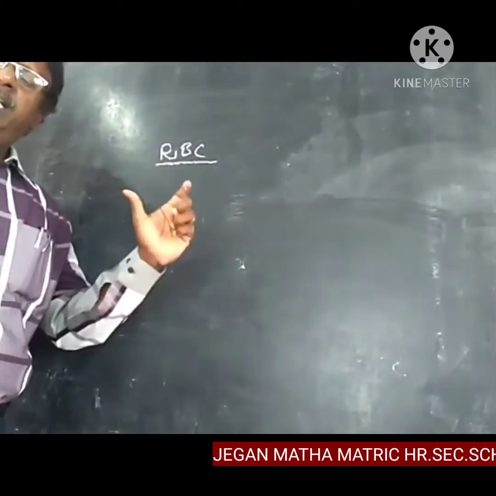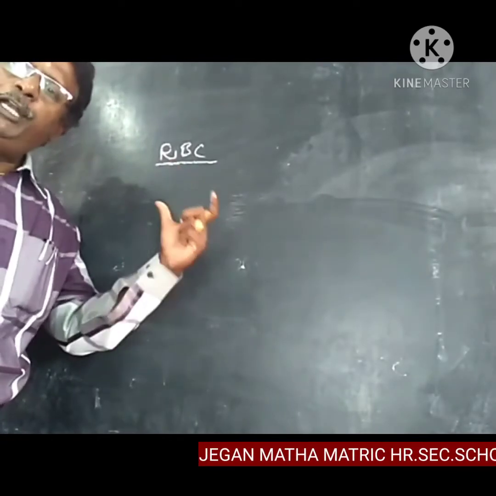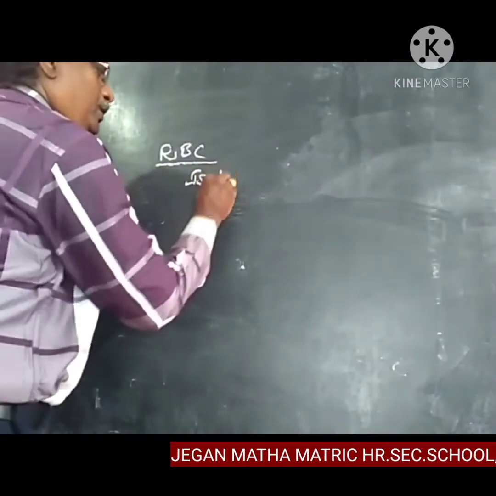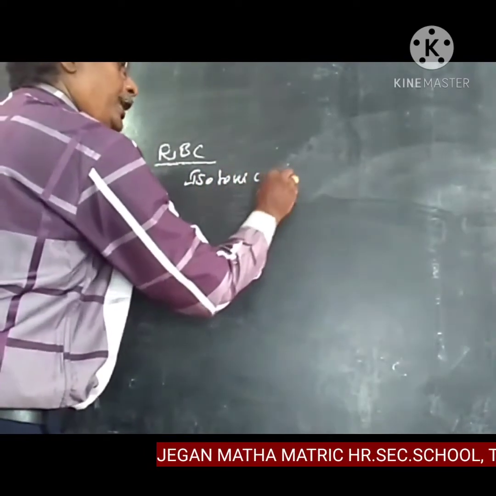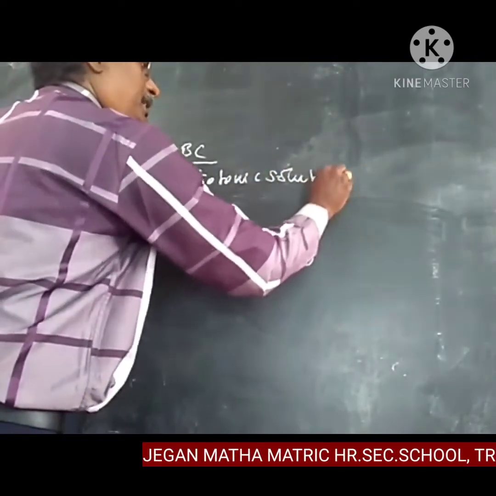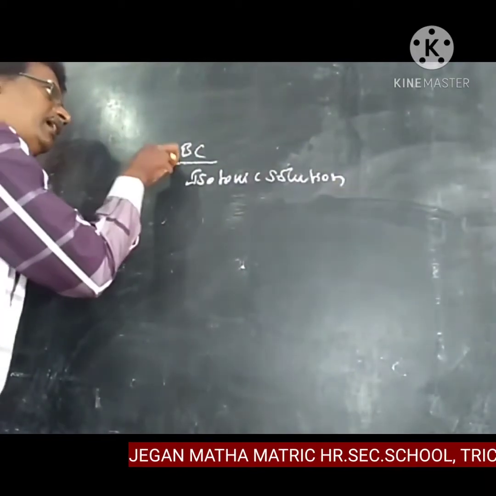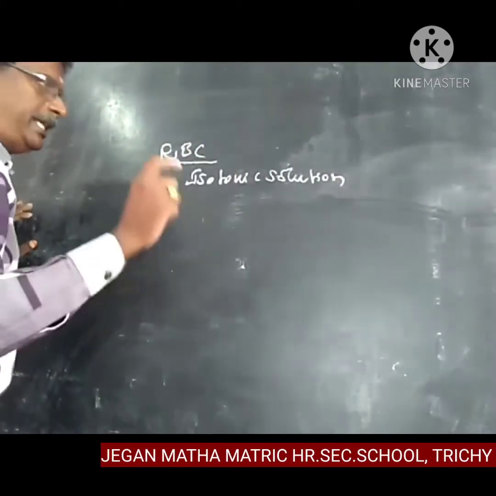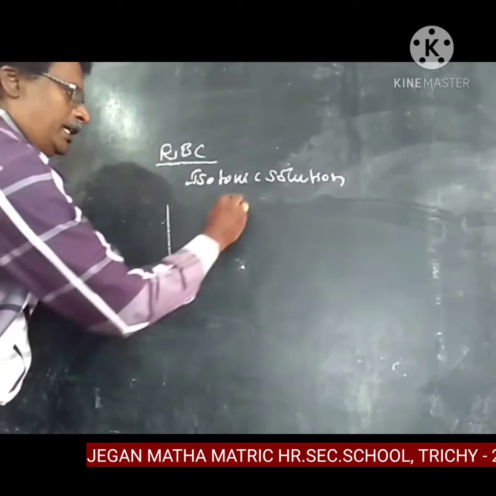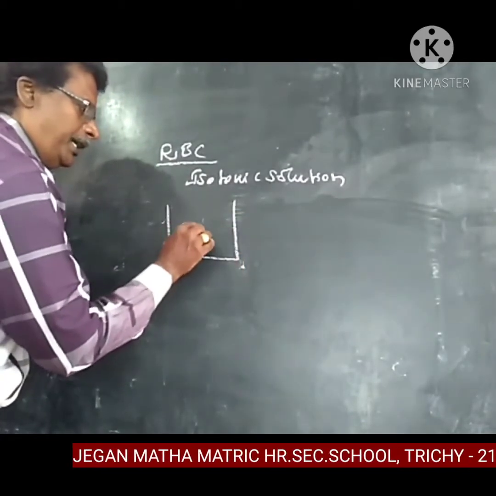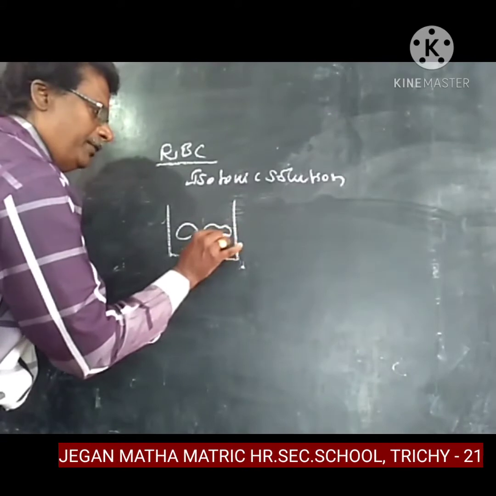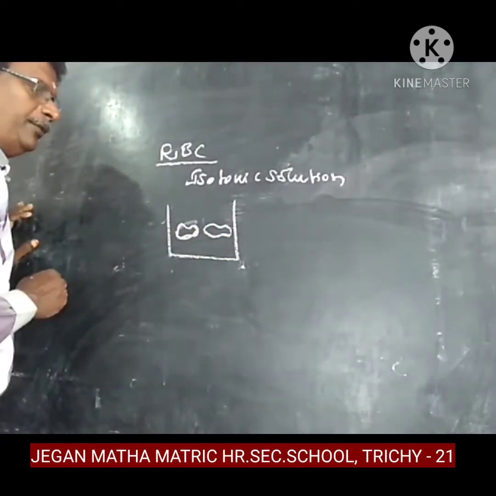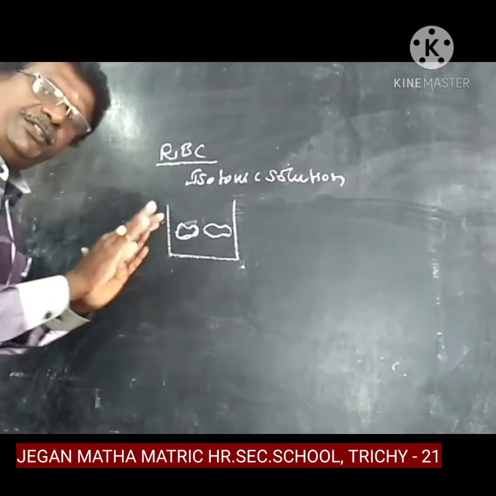When the red blood cell is put into an isotonic solution, it means the concentration inside the RBC and outside the RBC is the same. With the same concentration, the cell stays a normal biconcave disc shaped structure without any change.